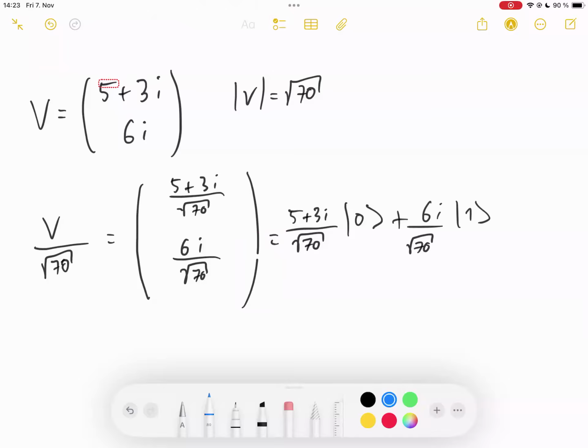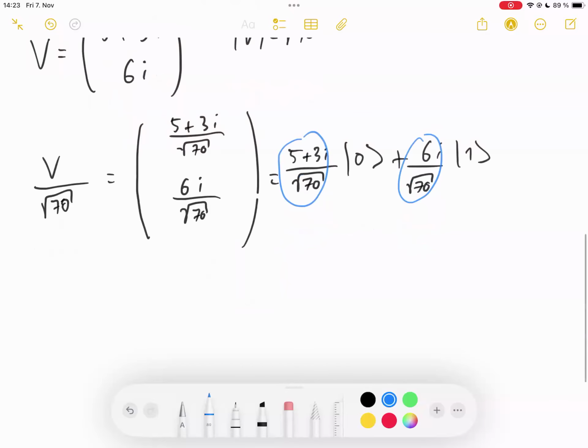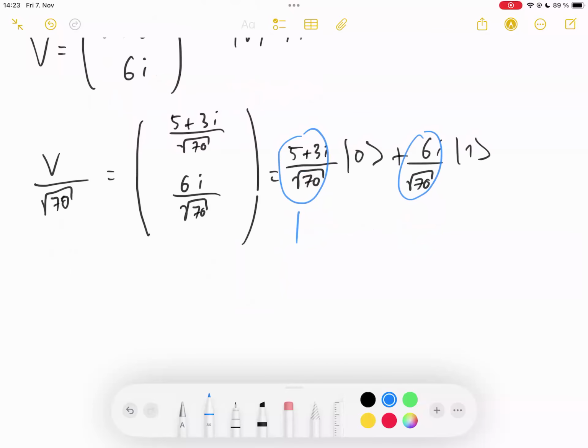And again, these probabilities here, they mean something. The first one would mean that we would take its modulus squared. So we would get actually 34 divided by 70 if I take this complex number and calculate its modulus squared. If I take the other one's modulus squared, I would get 36 divided by 70.